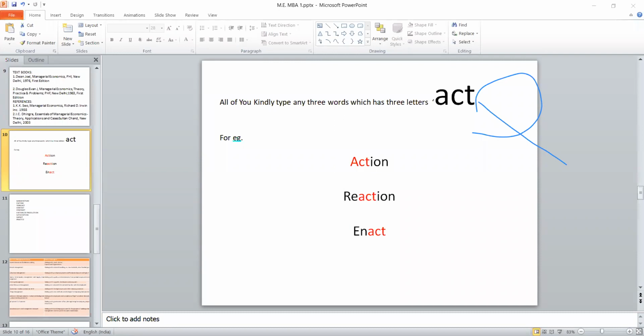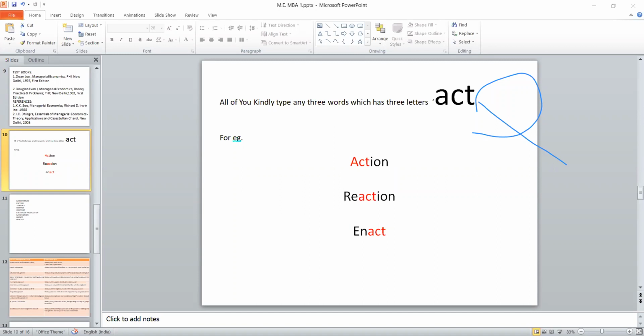Come on. Can type. Attractive. Actuality. Factor.